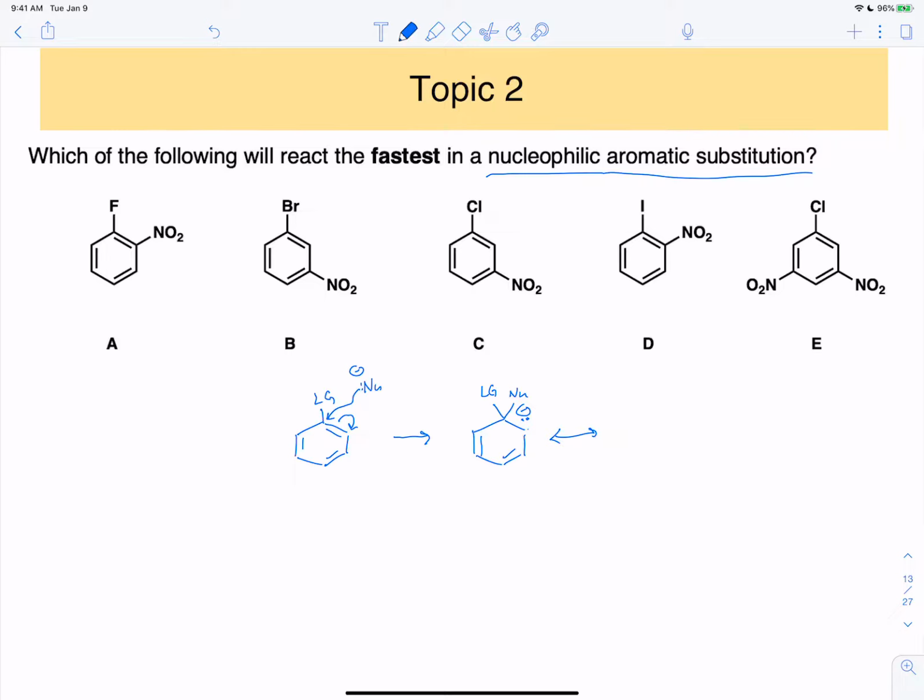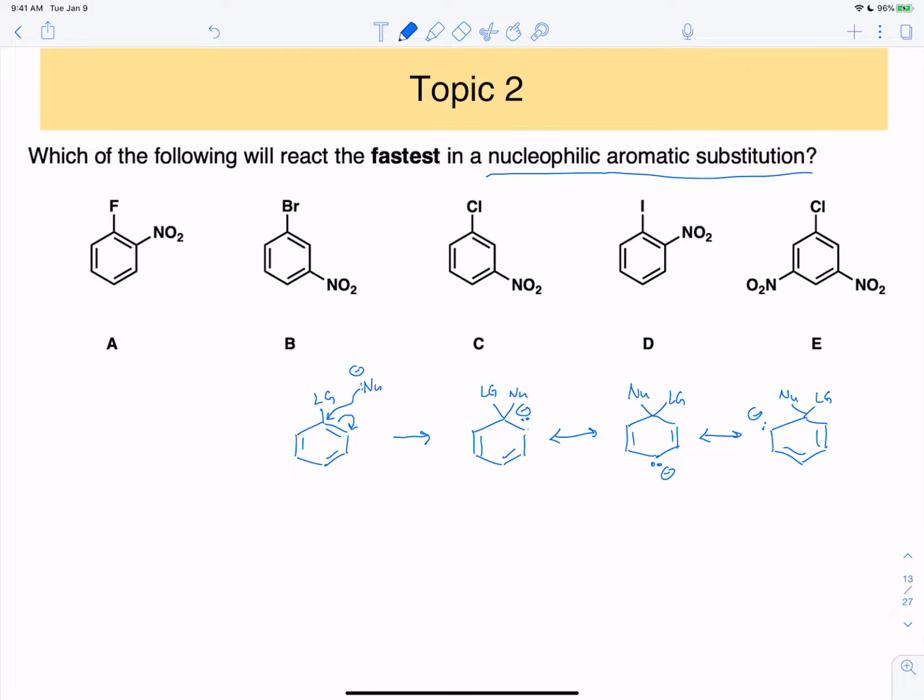Similarly, you can put this charge on any of three carbons, and the same sort of ortho-para-meta considerations we borrow over as well. And you could also put it on this last carbon. So in order to stabilize a carbanion, we now want to have an electron withdrawing group. These will be the best at stabilizing negative charge.